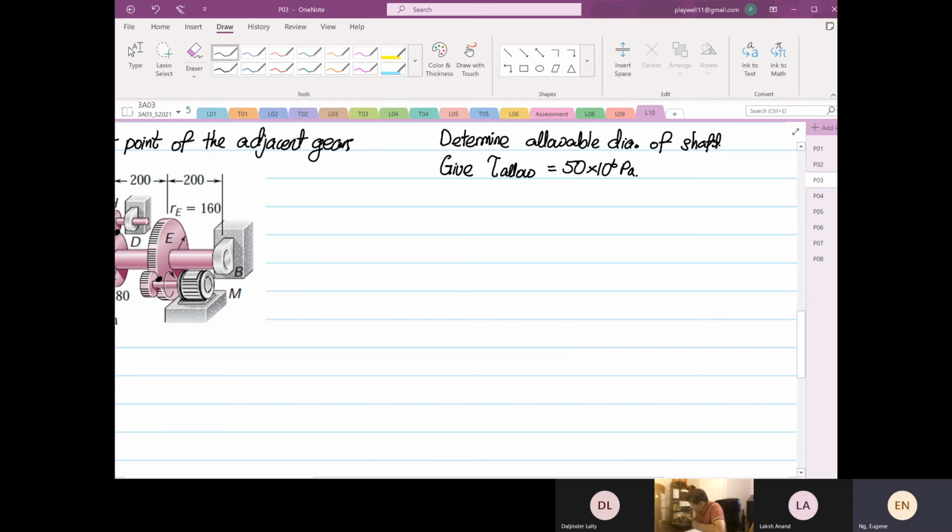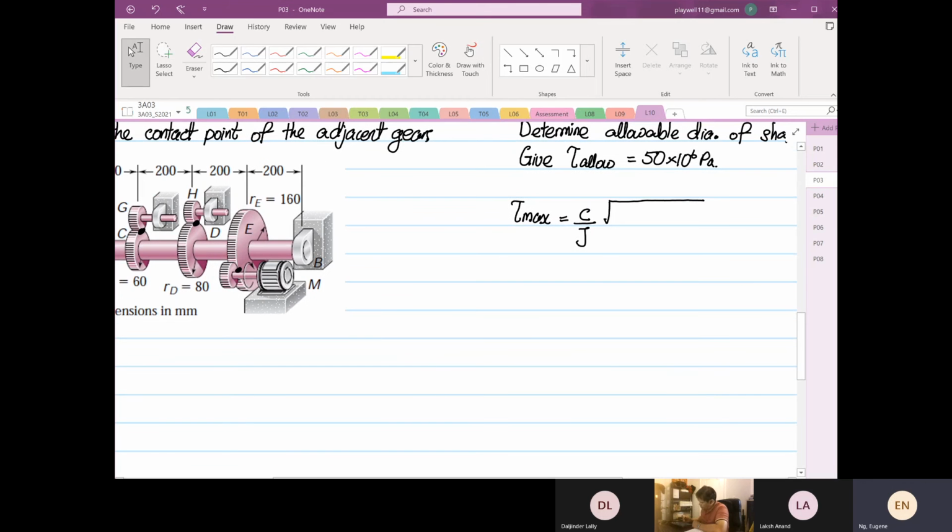And we know the formula that we're going to apply is tau max equals C over J times the square root of, so if that's our X, this is our Y, and there's our Z, moment in Y squared plus moment in Z squared plus torque in X squared.